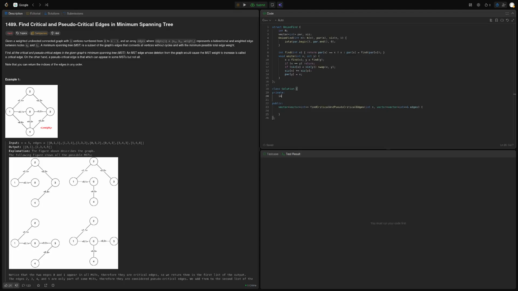Then we have int find MST, int n, vector of int, that's some edges, right?